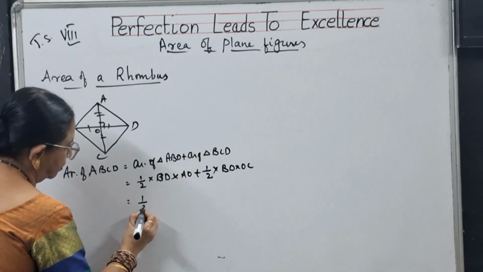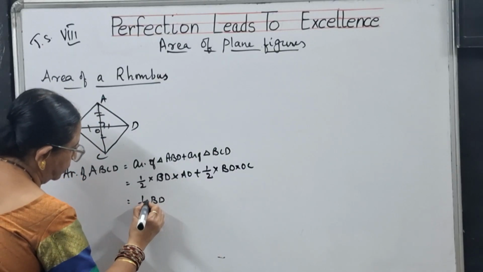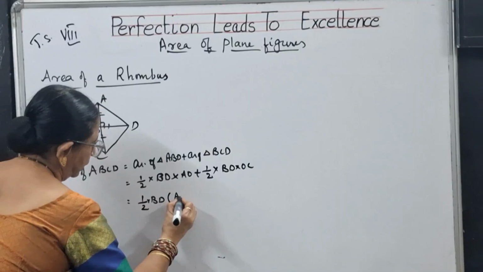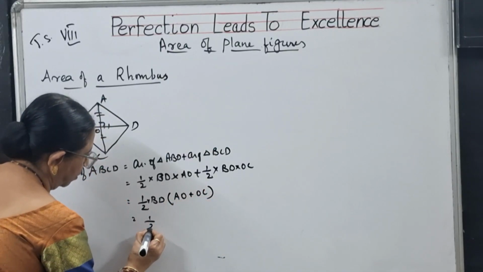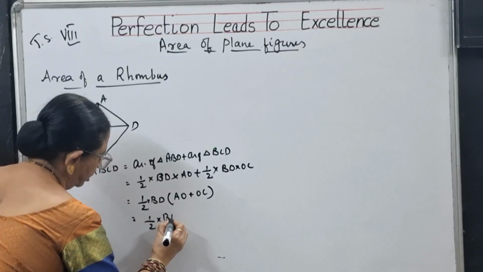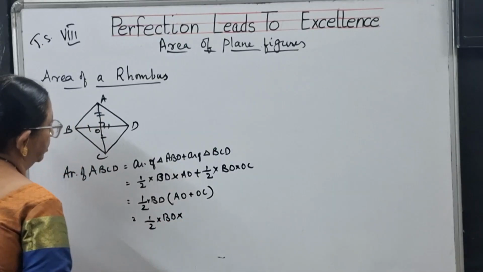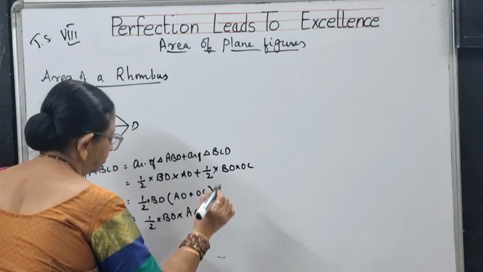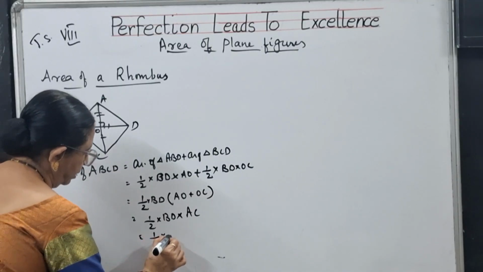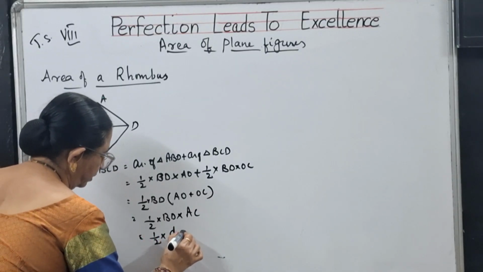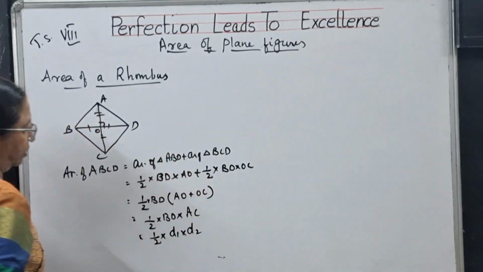So in both cases, half into BD into AO plus OC, and AO plus OC is AC. That is half into BD, one diagonal, into AC, the other diagonal.